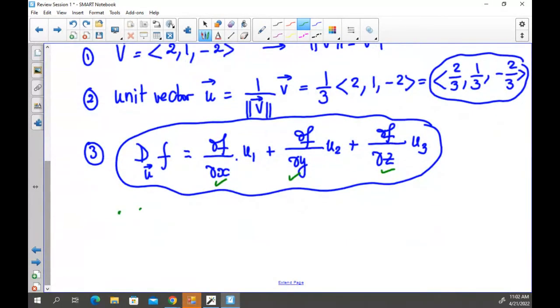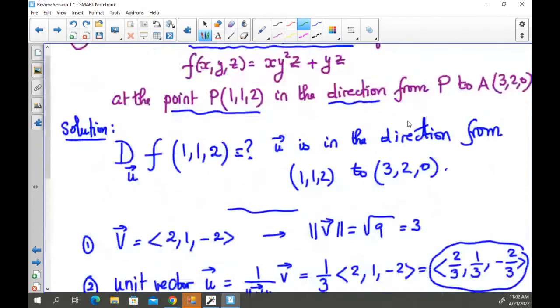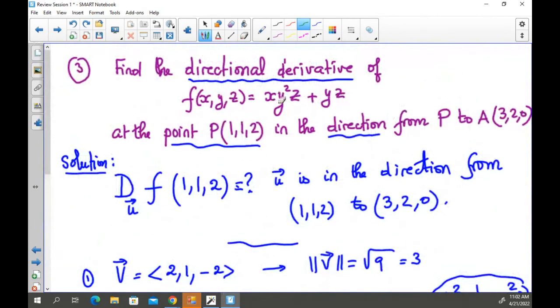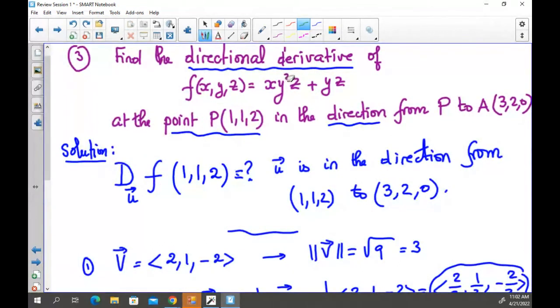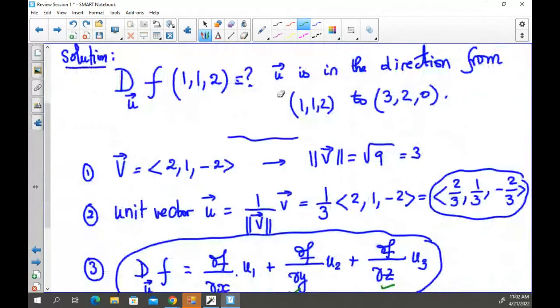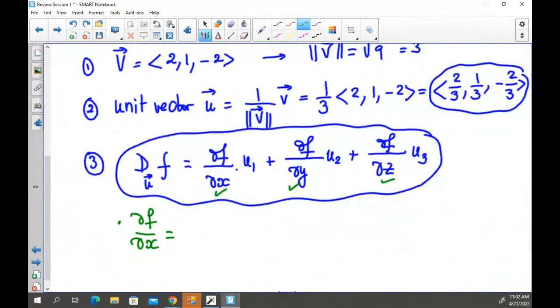So I need df over dx. If we look at the function f, its derivative with respect to x is y squared z. Yes, y squared z.